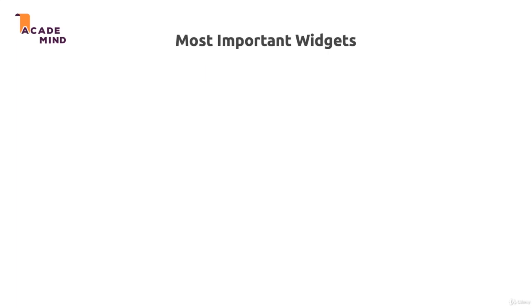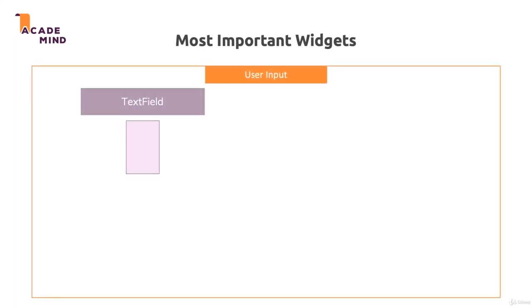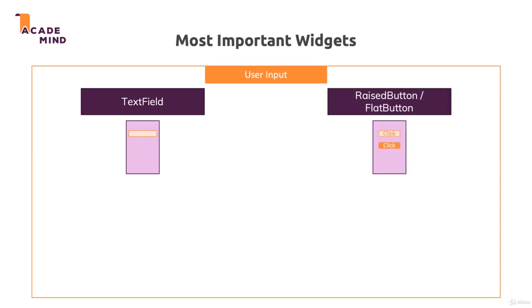Speaking of buttons, we have widgets that help us with user input, like text fields where a user can enter something, or buttons, raised button, flat button. As I just mentioned, there also is an icon button widget, which, well, is a button with an icon on top of it.